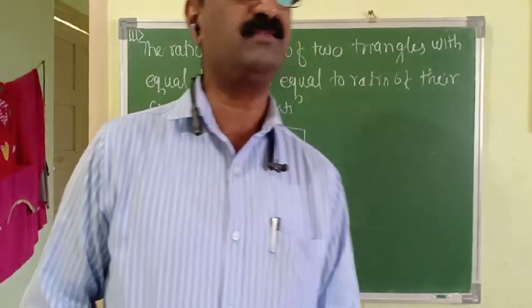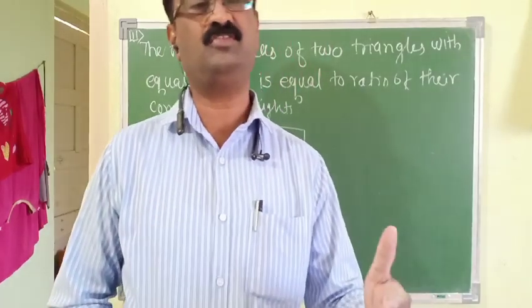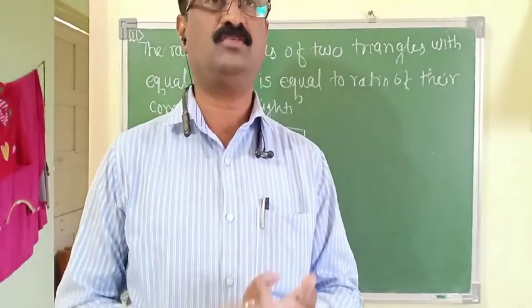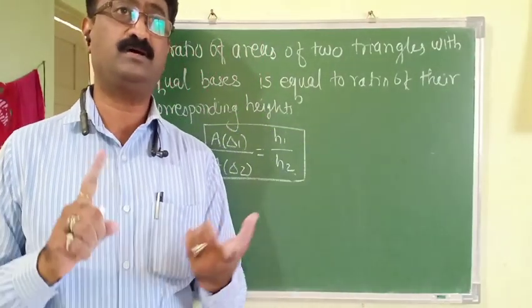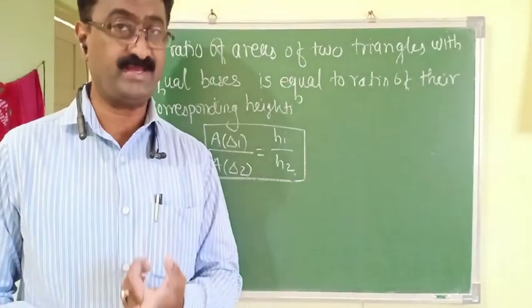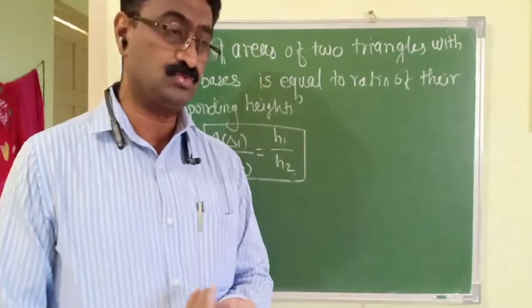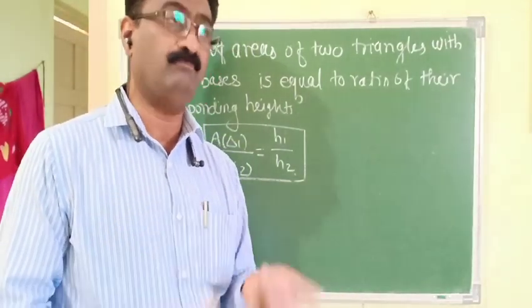So how many properties are there? There are three properties in this chapter. Starting point is properties of areas of two triangles. First property, the ratio of areas of two triangles is equal to the ratio of the product of their bases and corresponding heights. Second property, the ratio of areas of two triangles with equal height is equal to the ratio of their corresponding bases.